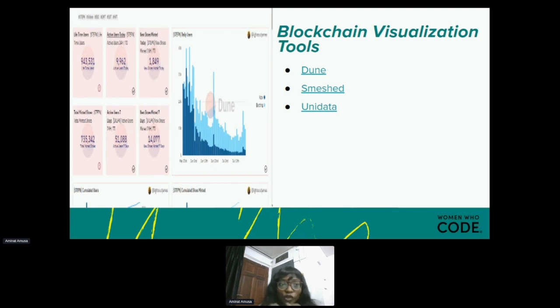For Dune, if you're familiar with SQL, just write SQL queries on their platform, get the data that you want, and you can plot right there, without having to get the data on your system first. Same thing for SMED and Unidata. They provide blockchain data as a service, and all of them have free versions that you can use.